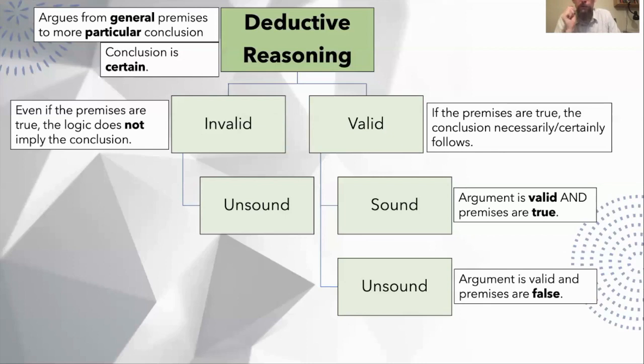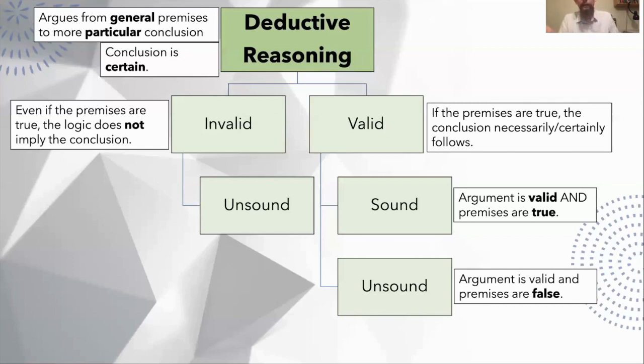And we'll look at some of these. Your premises are all of your reasons. They can all be true. But when you get to the final conclusion, the reasons don't lead you there. The logic doesn't work. It's got a problem with it. And so you can't prove your argument as certain like deductive reasoning is supposed to do.